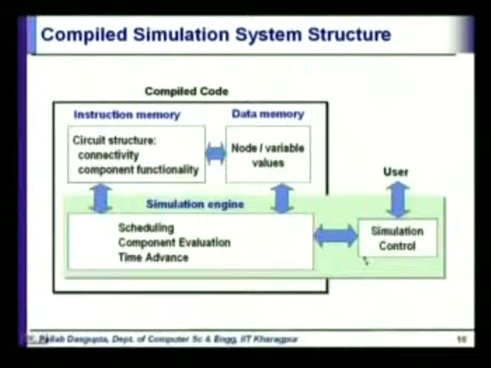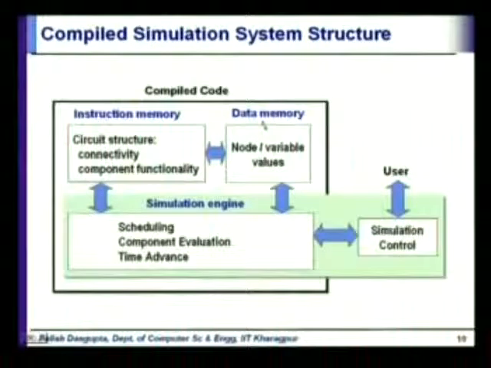So let us get into the compiled simulation system structure. We have the compiled code here, this whole thing. It has several different parts. The compiled code has the instruction memory and the data memory. In the instruction memory, we store the circuit structure in terms of the connectivity between the circuit components and the functionality of the components.